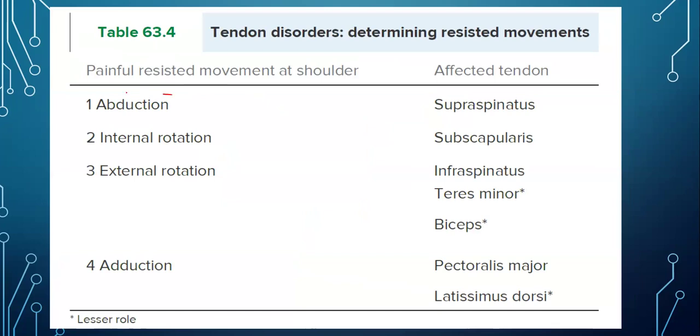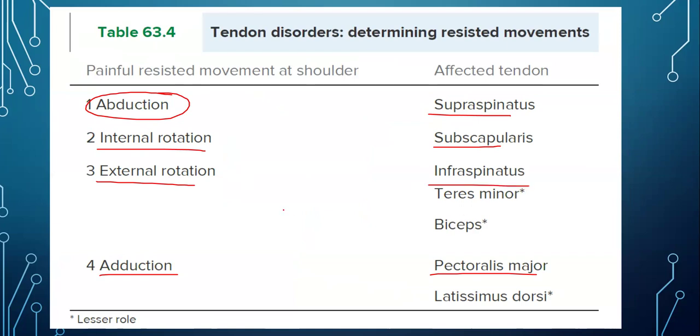You can see here that abduction is done by the supraspinatus tendon, adduction by pectoralis major, internal rotation by the subscapularis muscle, and external rotation by the infraspinatus muscle, and teres minor. These four are the rotator cuff muscles. If there is a tear of any of them, that's a rotator cuff tear.